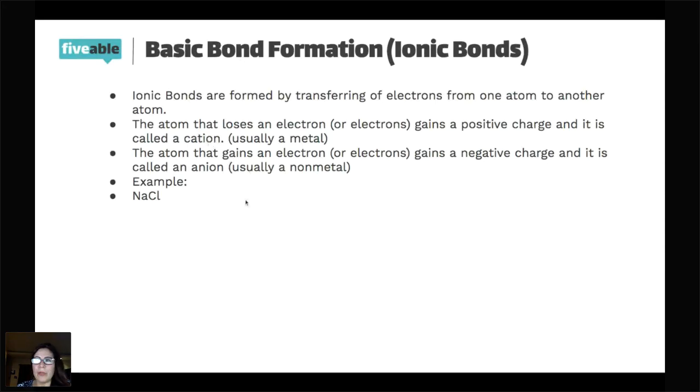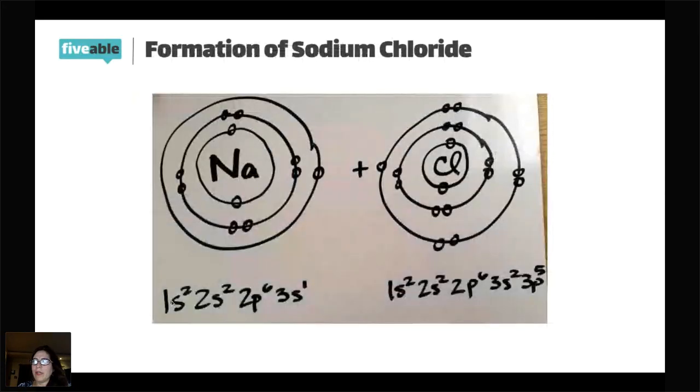Let's do an example. For example, sodium chloride. How is this ionic compound formed? If we remember its electron configuration, I have here both electron configurations and both Bohr diagrams. We notice that sodium has 1 valence electron and chlorine has 7.